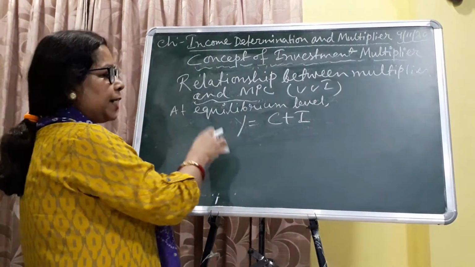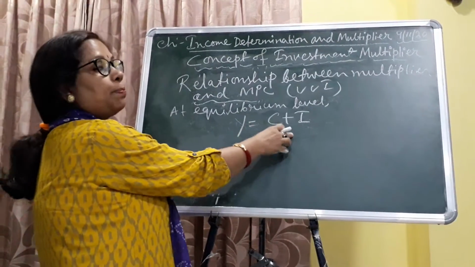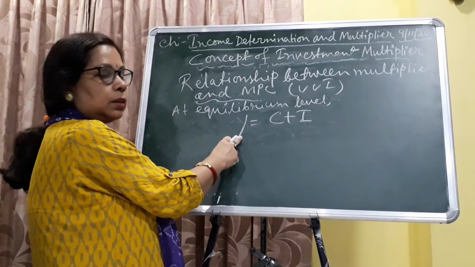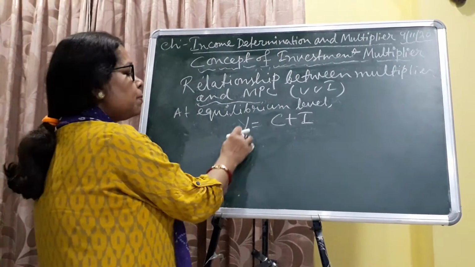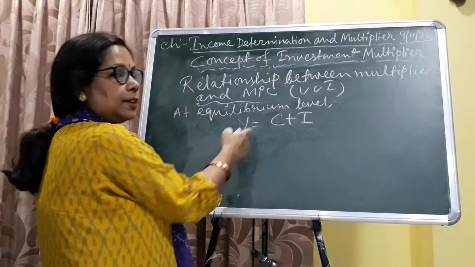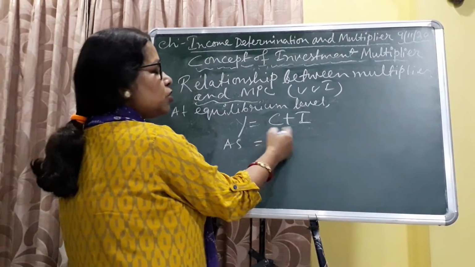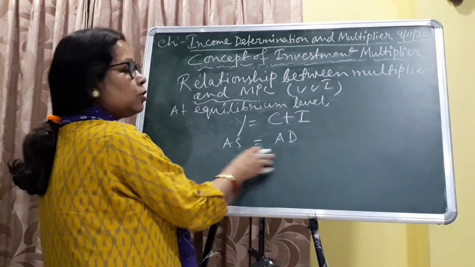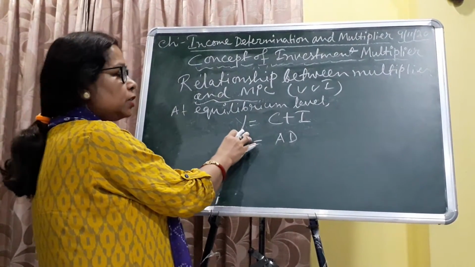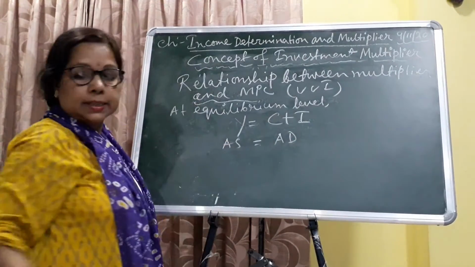Then we write this formula Y equal to C plus I. Y means aggregate supply, and C plus I means aggregate demand, the components of aggregate demand. So AD equal AS. So the equilibrium condition will be Y equal to C plus I.